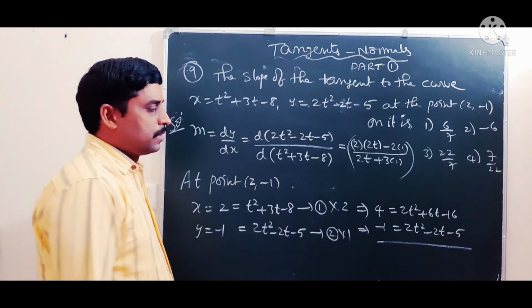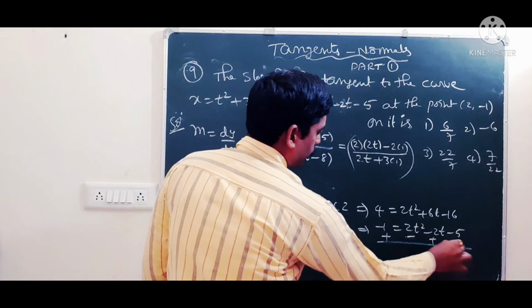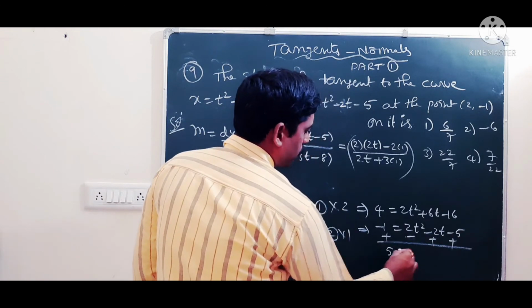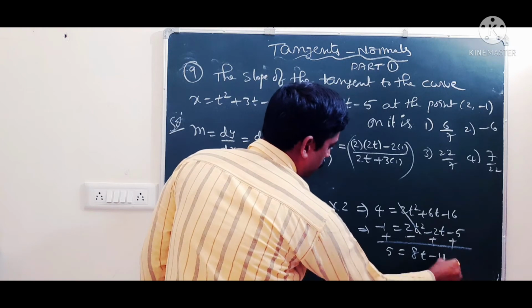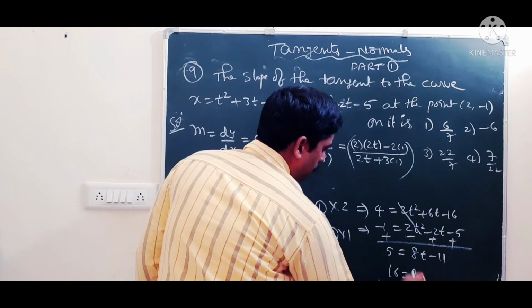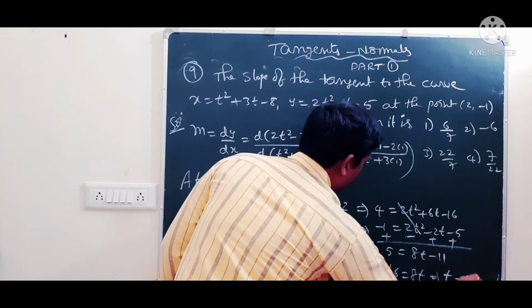Let us do the subtraction. This gives 5 is equal to, the 2t² gets cancelled, 8t minus 11. Therefore 16 is equal to 8t, so t is equal to 2.